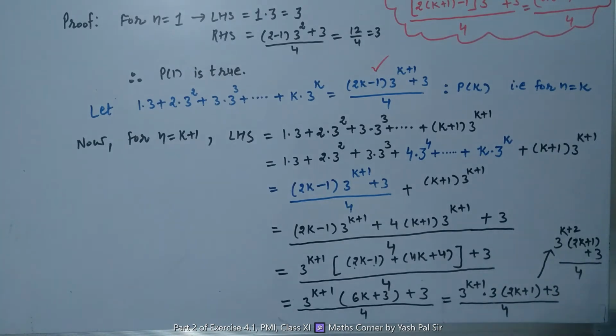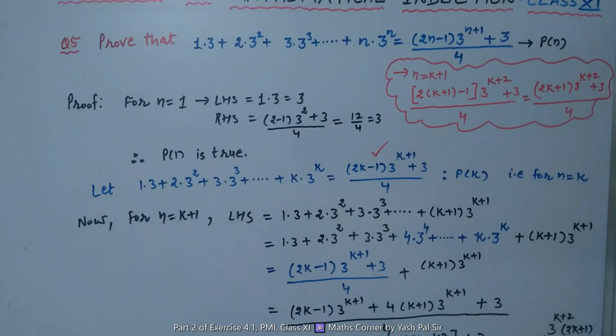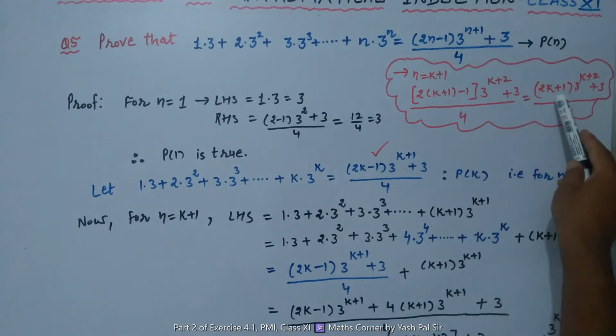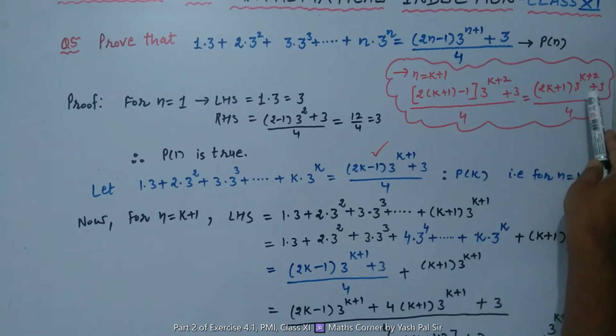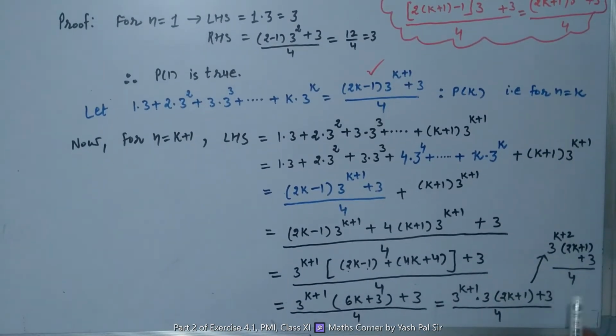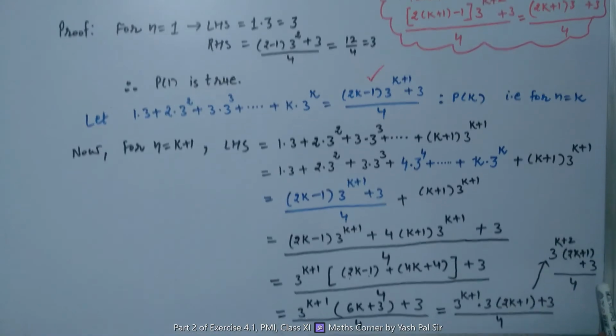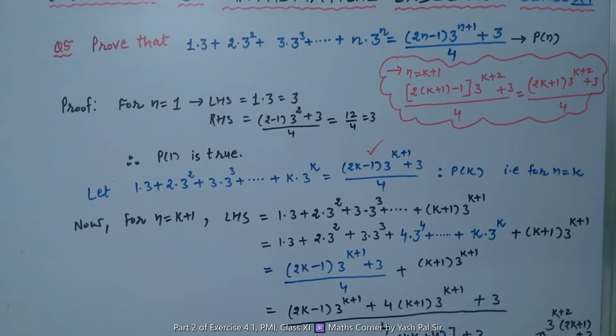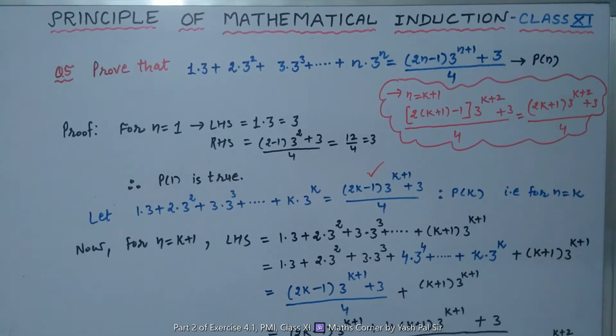So what we have written already with red ink, what to prove, 2k plus 1 into 3 power k plus 2 plus 3 upon 4. And what result we have obtained here, 2k plus 1 3 power k plus 2 plus 3 upon 4. So we have obtained the result. This way our statement is true. Now coming to next question.